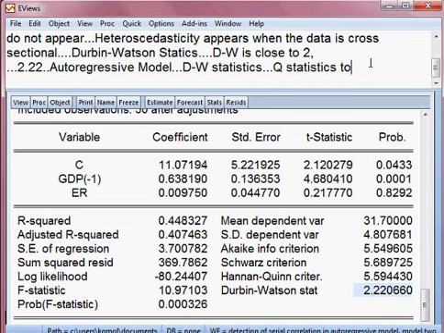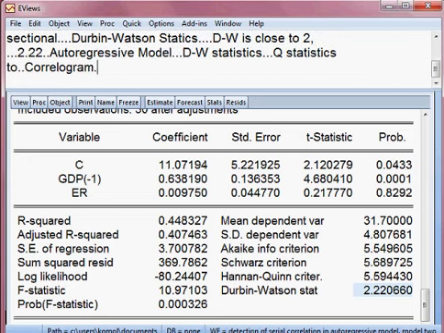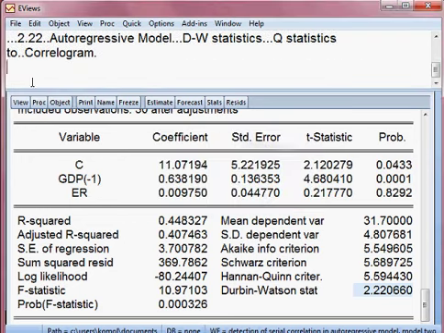Q statistics is suitable for auto-regressive models. The Q statistics is under the correlogram, right? That is what we shall be checking now.